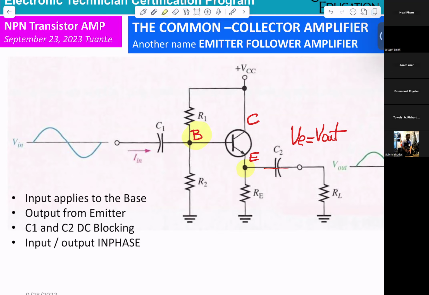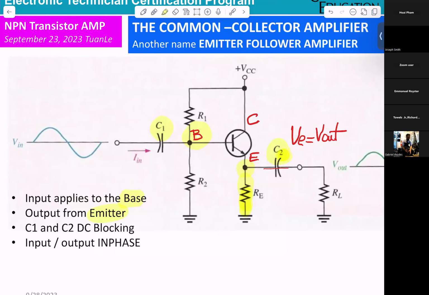And after you get the VE, you can get the current IE. Now, input is applied to the base, output from the emitter. C1, same thing: DC blocking, AC coupling. C2, same thing: DC blocking, AC coupling.